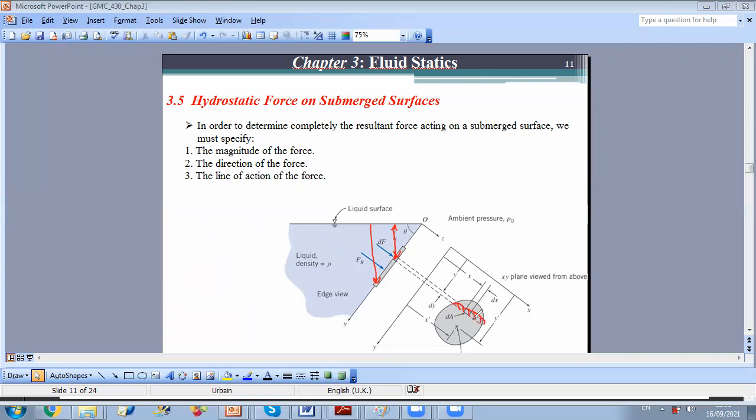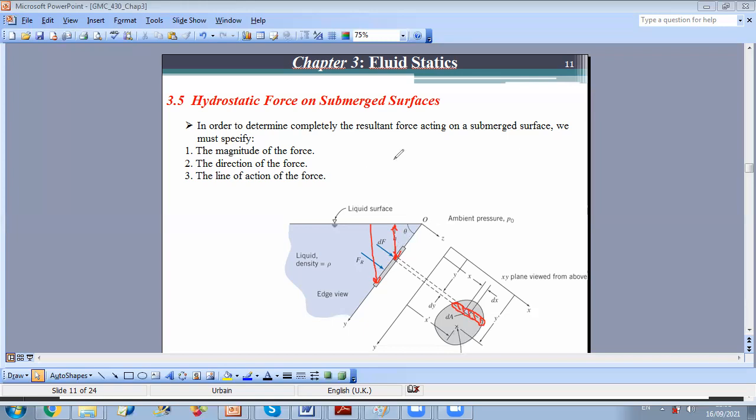Okay, this is why I can consider dA as a certain element at the same height, at the same depth in the fluid. Then as I move downward, H will vary and the pressure will vary.